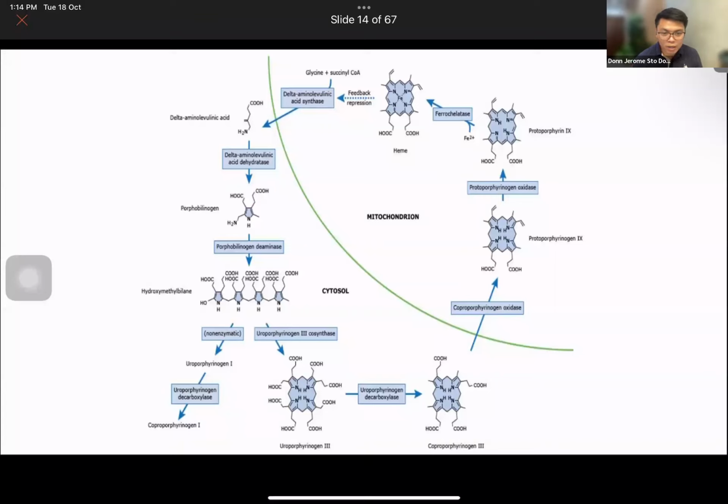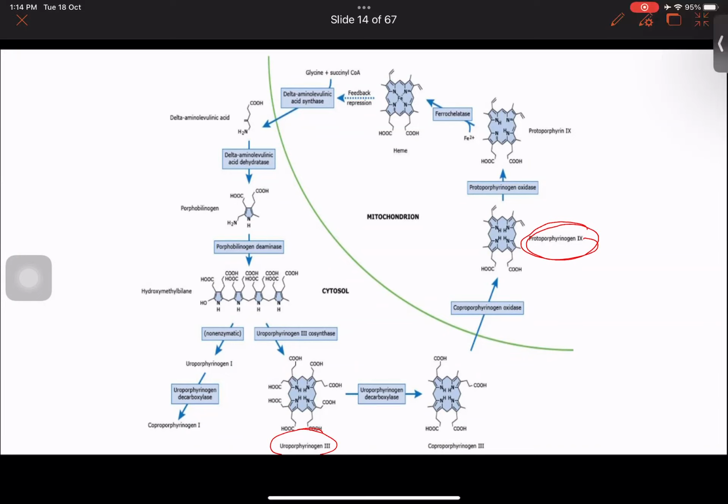Yes po, Doc. Okay, so applying what we learned about the side chains a while ago, between your protoporphyrinogen and uroporphyrinogen, which is more water soluble? Is it the protoporphyrinogen, Doc?